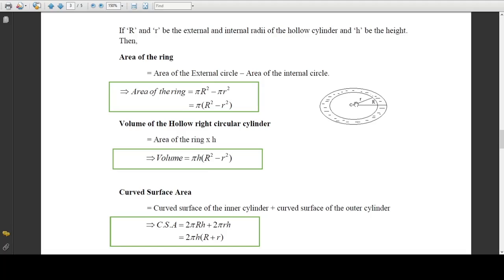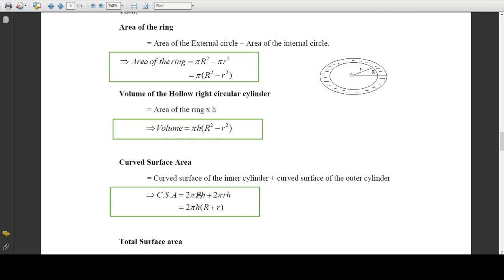Just as for a cylinder, the circumference multiplied by h. For the inner circle, just 2 pi r small multiplied by h, and for the outer circle 2 pi R multiplied by h, isn't it? Just adding these two, you'll get the curved surface area of a hollow cylinder.